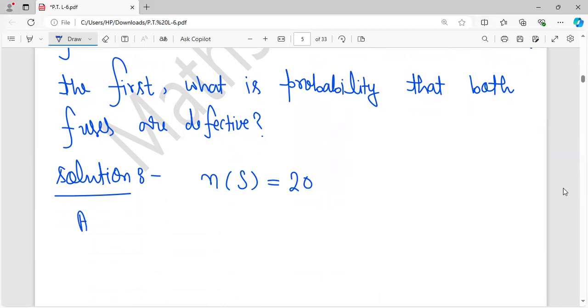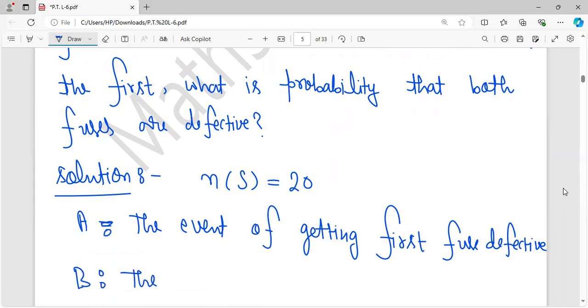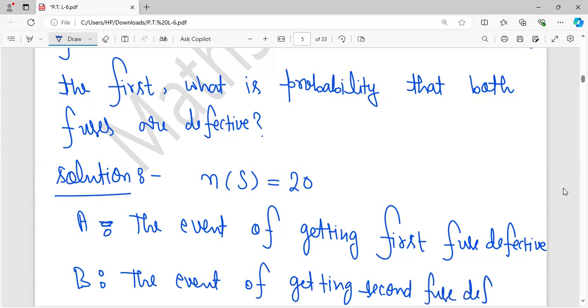Now let A be the event of getting the first fuse defective, and B will be the event of getting the second fuse defective.